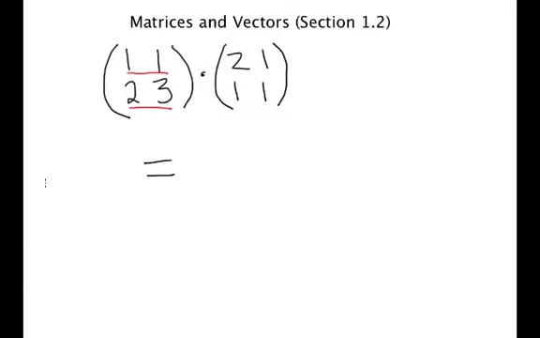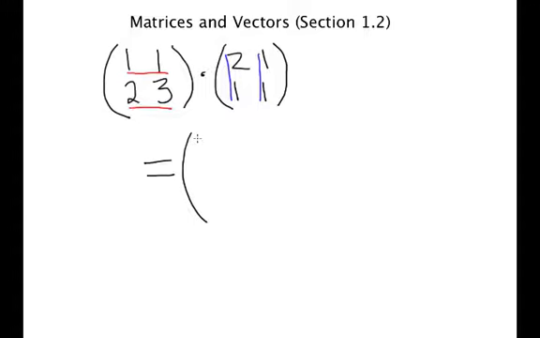And the second matrix has 2 columns. So there are 4 dot products that I could take: the first row or the second row dotted with the first column or the second column. So you're going to get 4 numbers in the answer, and you put those into a matrix.